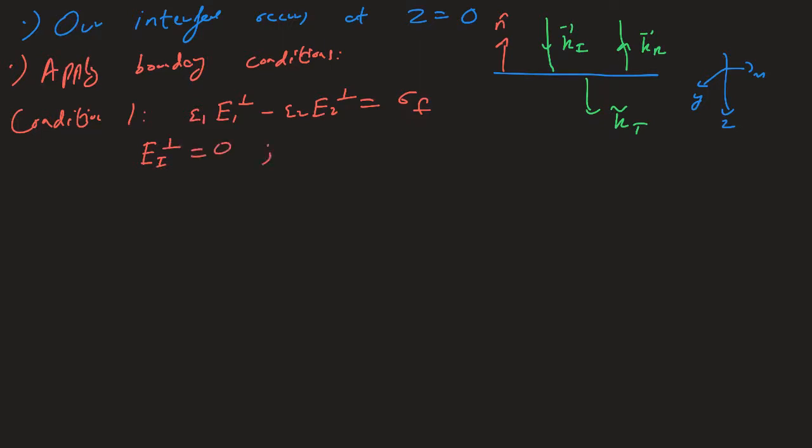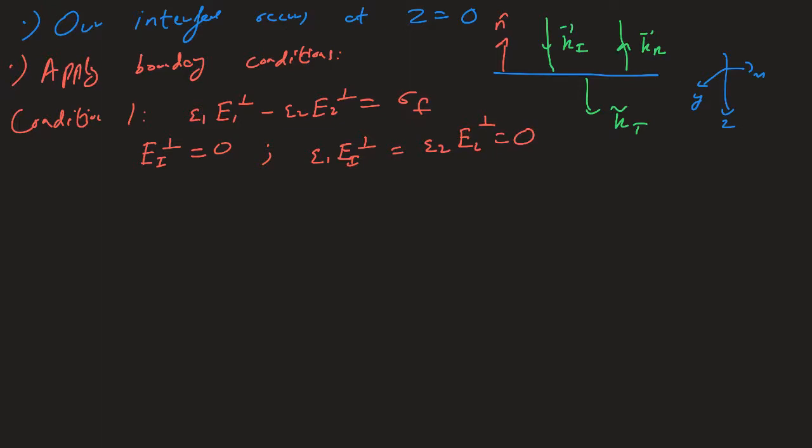So as a result, epsilon 1 E1 perpendicular is equal to epsilon 2 E2 perpendicular, and all of this is 0, right? So the first boundary condition just reduces to 0 basically.